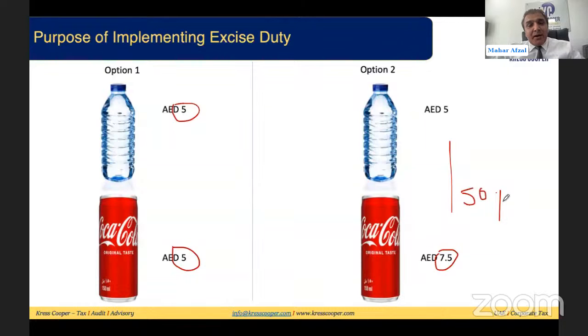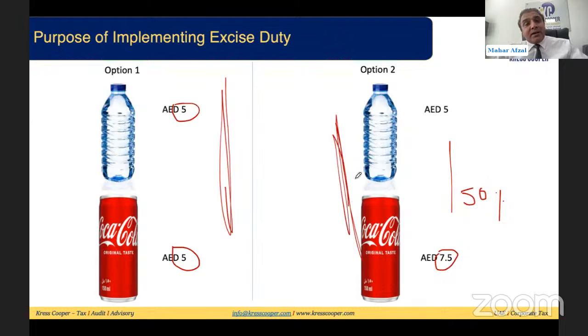When the government has applied 50% tax on Coca-Cola, the government has indirectly changed the consumption pattern of the buyers. Buyers initially were indifferent in option one; here they are not indifferent. Now they are considering the financial factor as well. First of all, the government has changed the behavior and consumption pattern of the users.